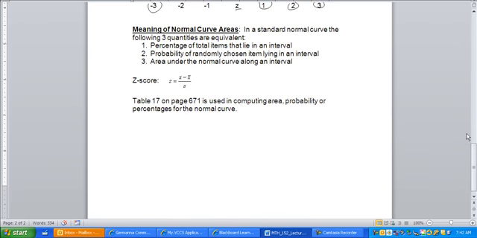Meaning of the normal curve areas. In a standard normal curve, the following three quantities are equivalent, and they're used interchangeably. The percentage of total items that lie in an interval is the same as the probability of randomly choosing an item lying in an interval, and that is equivalent to the area under the normal curve along an interval.